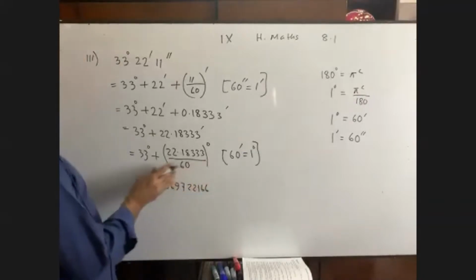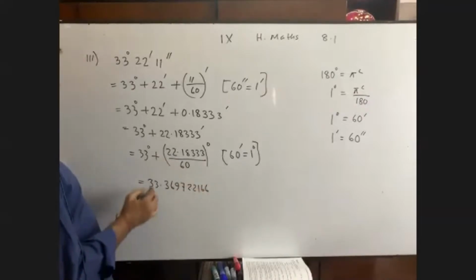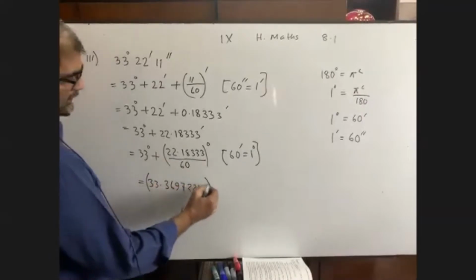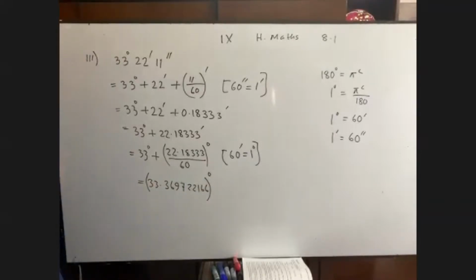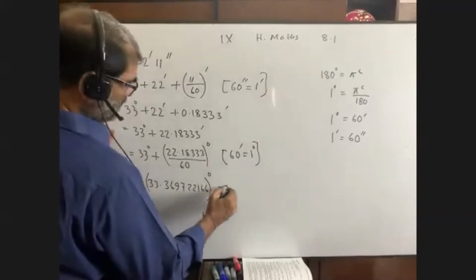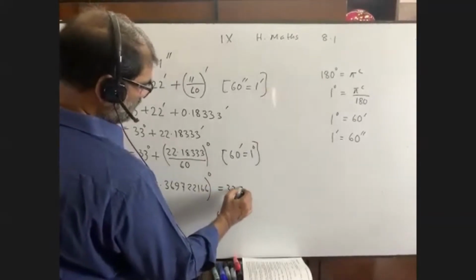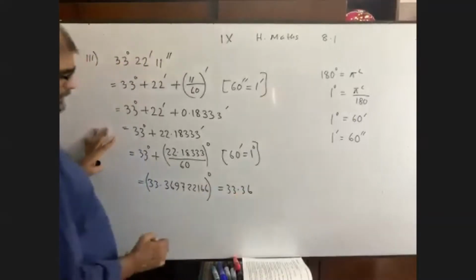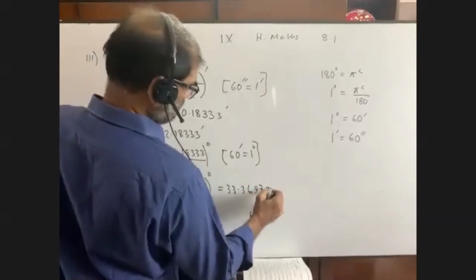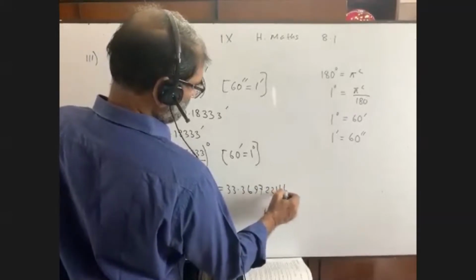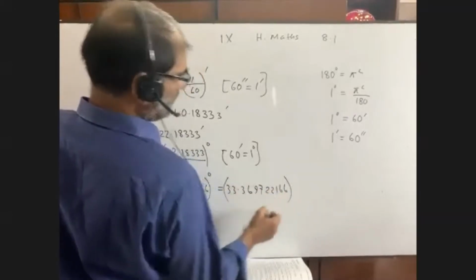If you omit any of the values, then you may not get the appropriate answer. Okay, then we can just multiply it: 3697, 22166. 1 degree equals to what?